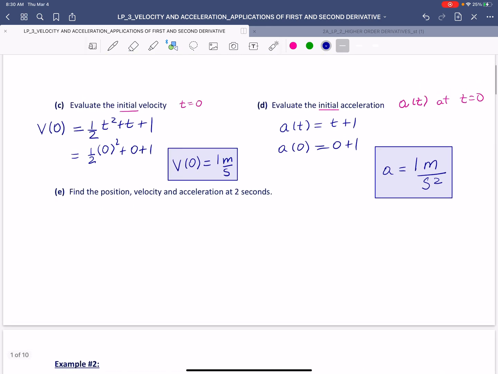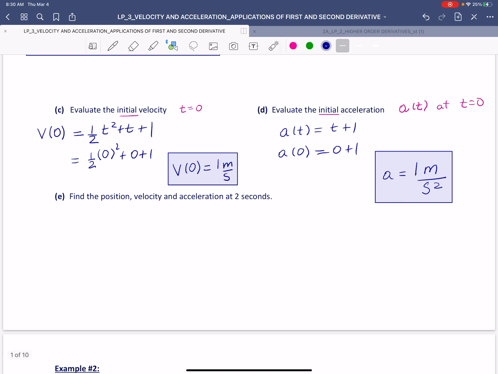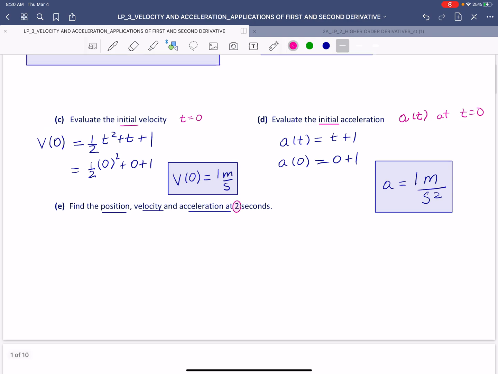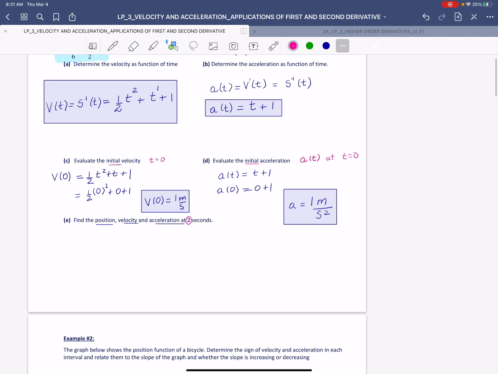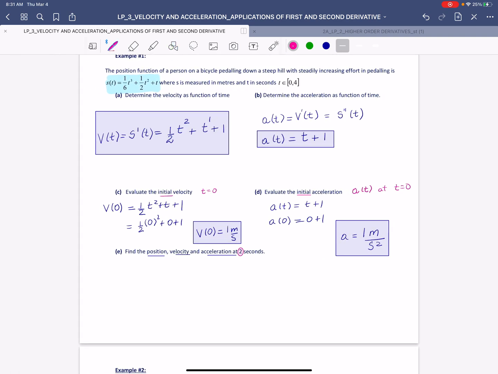Now in the next question, we're asked to find velocity, position, and acceleration at time equals 2 seconds. So I will write the equations of each unknown here. So we'll say s(t) equals 1/6 t cubed plus half of t squared plus t. v(t) will help us find the velocity. So the equation is 1/2 t squared plus t plus 1.